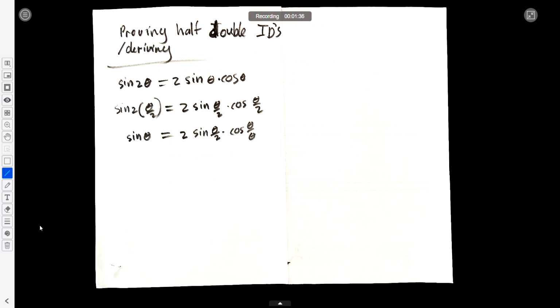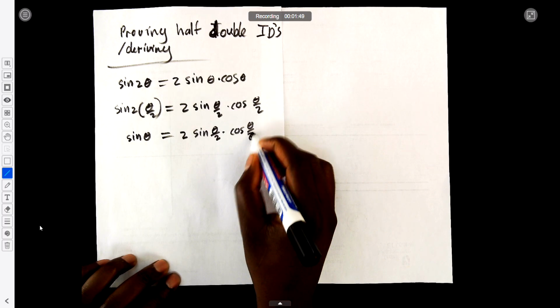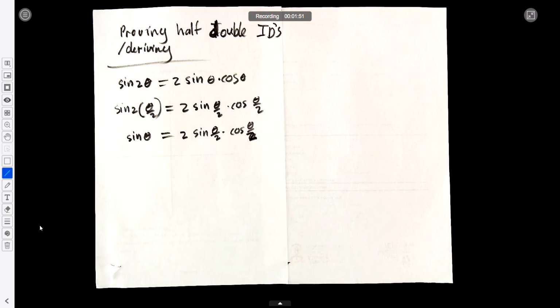So if you want, you can make one the subject of the formula, you divide on both sides. You'll have sin half theta equals 1 half sin theta over cos theta over 2. So that's how we do the halving of the angles. If you halve on the left hand side, you halve on the other side.